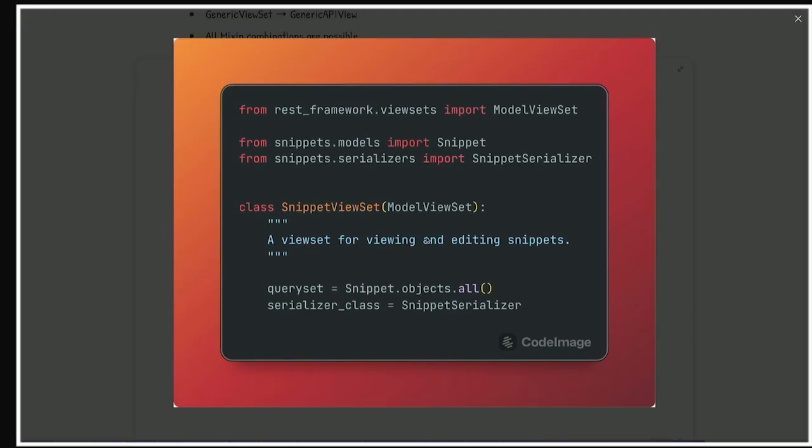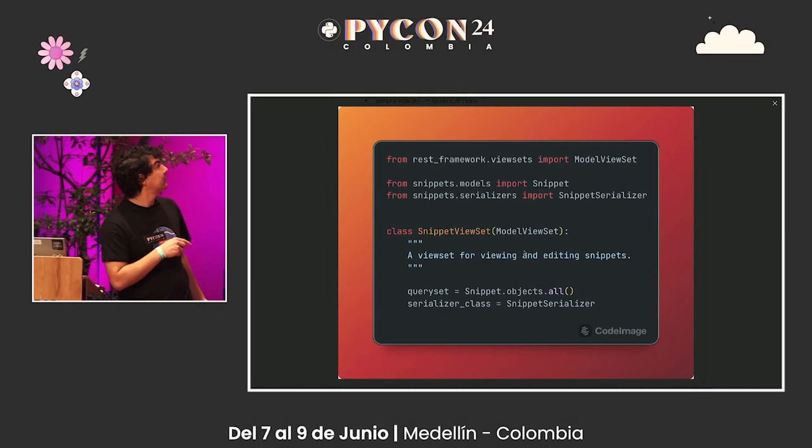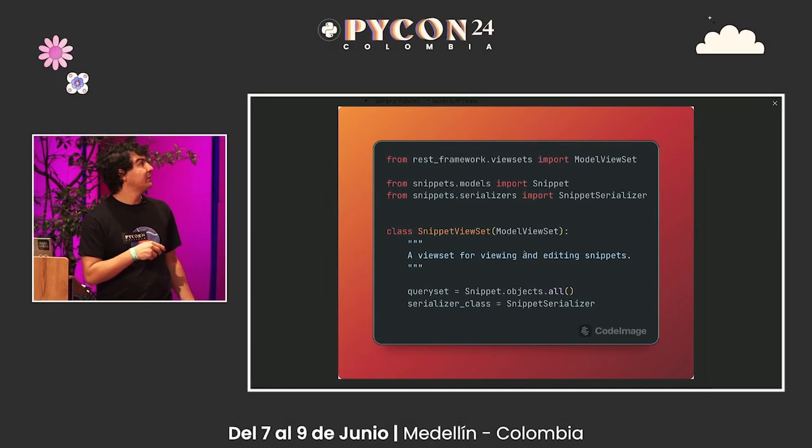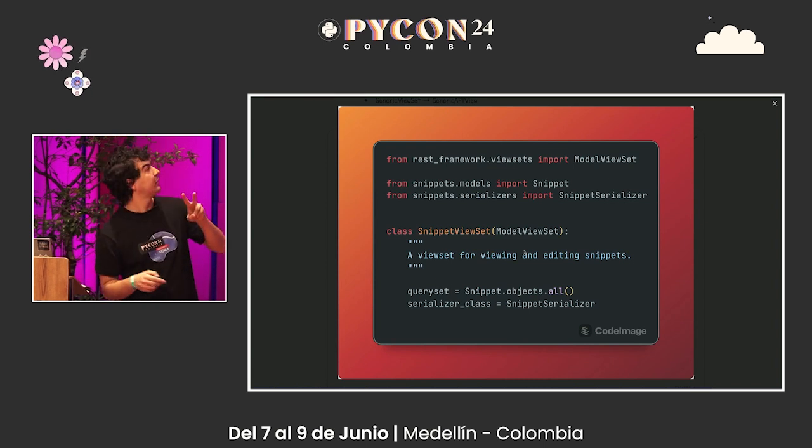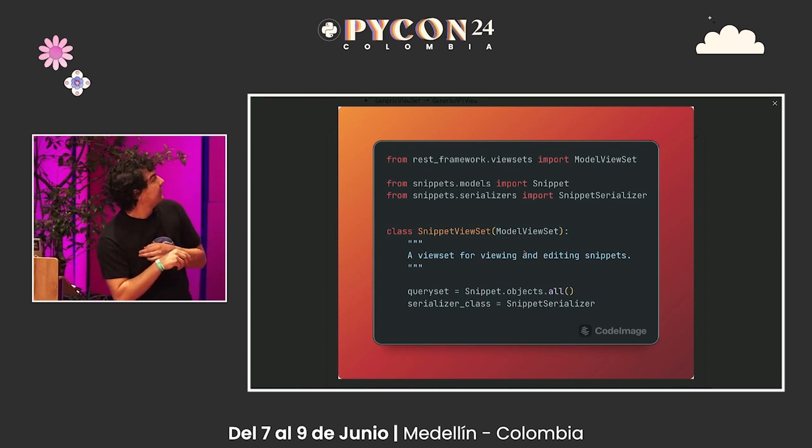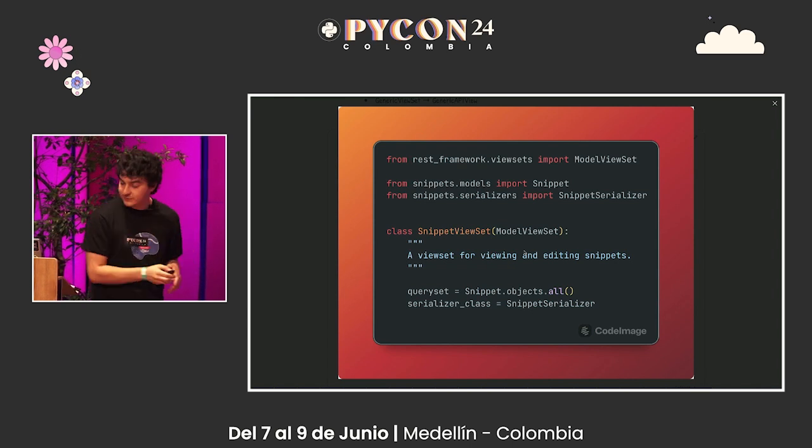With the view set, now I would define a single view set. It's pretty similar to the one that I showed you, but in the one that I showed you, I had two classes. Now I only need this one that defines the query set. It comes from a model view set that I will show in a minute, and defines the serializer snippet.